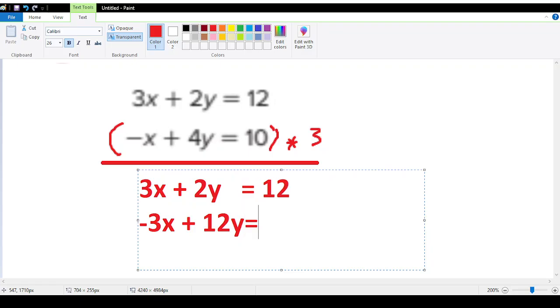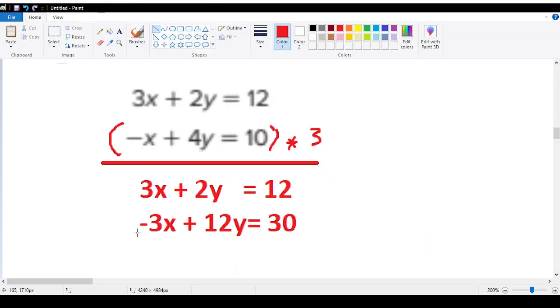And then the last one, 30. Now we can add. We can do what? Add. Okay, we can do the adding.